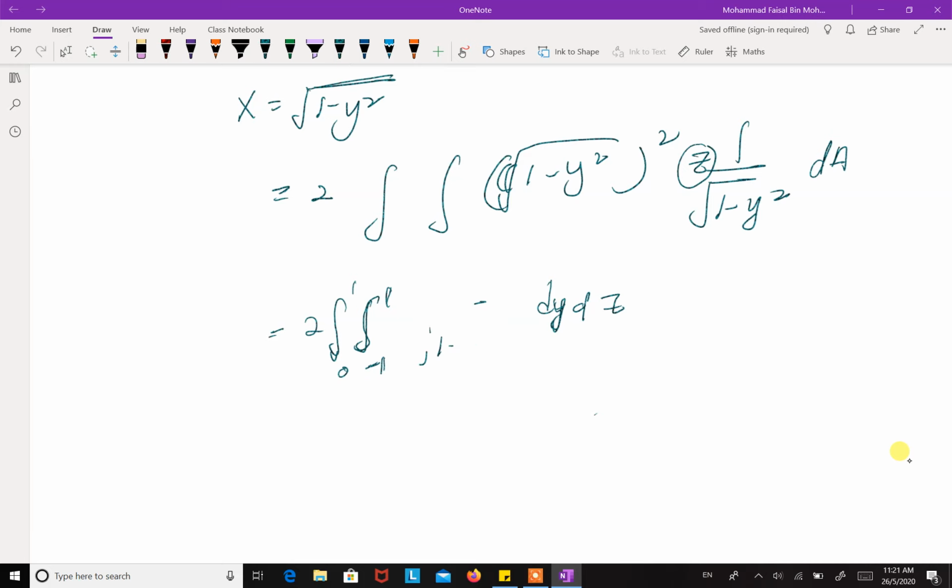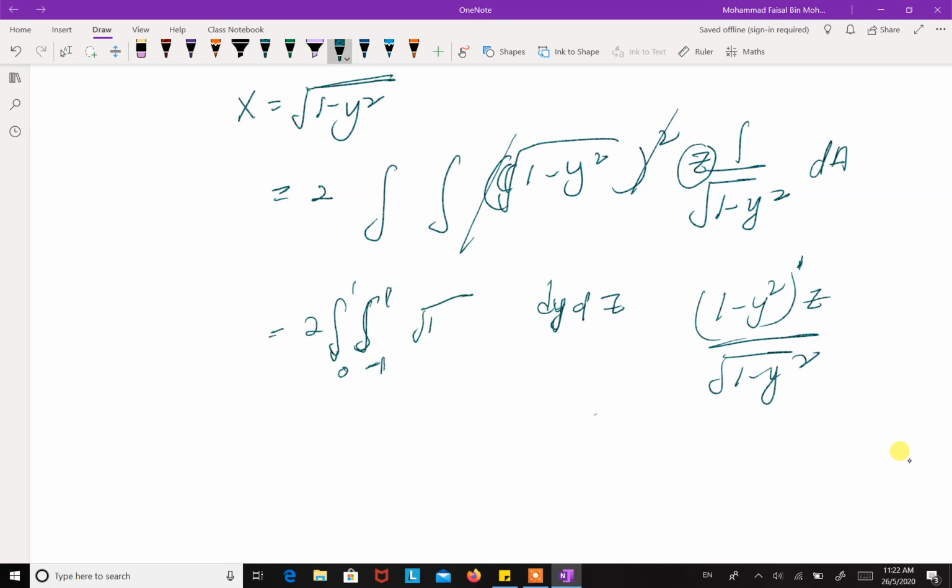Okay, so this can be cancelled off. You have 1 minus y squared, z over square root 1 minus y squared. So we have 1 minus half will be half, so the square root should be above, and then you remain the z.